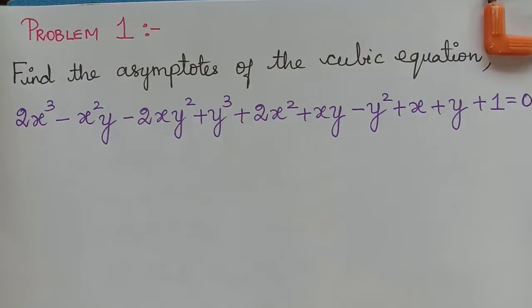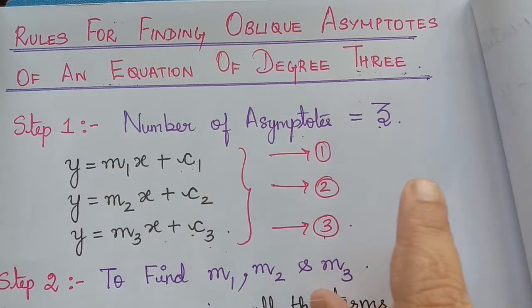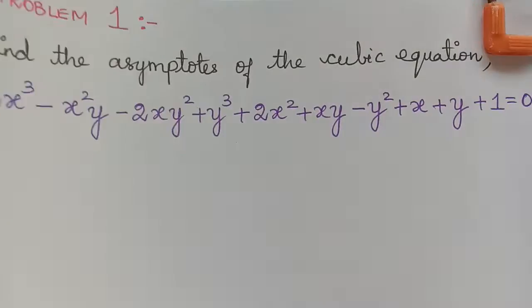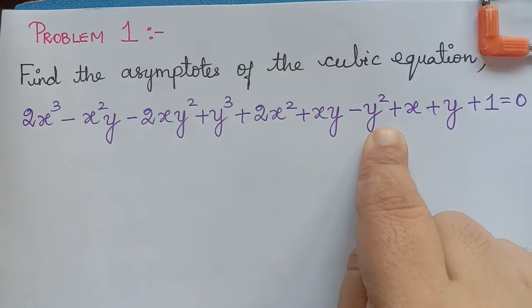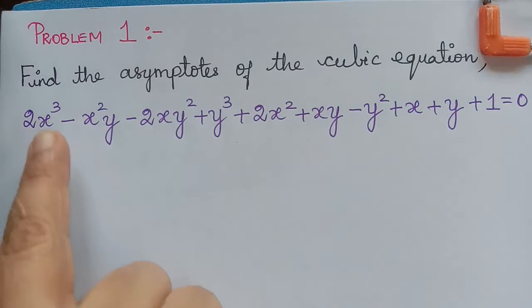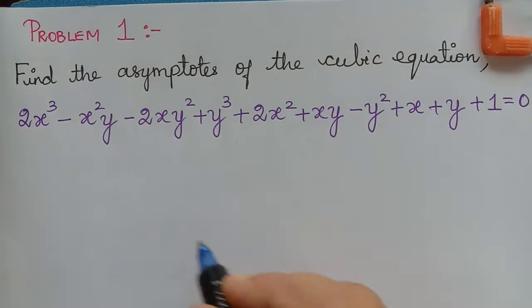That is, under the rules, step 1 is we have to check what is the highest degree. But we know that we are solving a cubic equation, and therefore the highest degree of this equation will be 3. And so the number of asymptotes for this equation will be equal to 3.